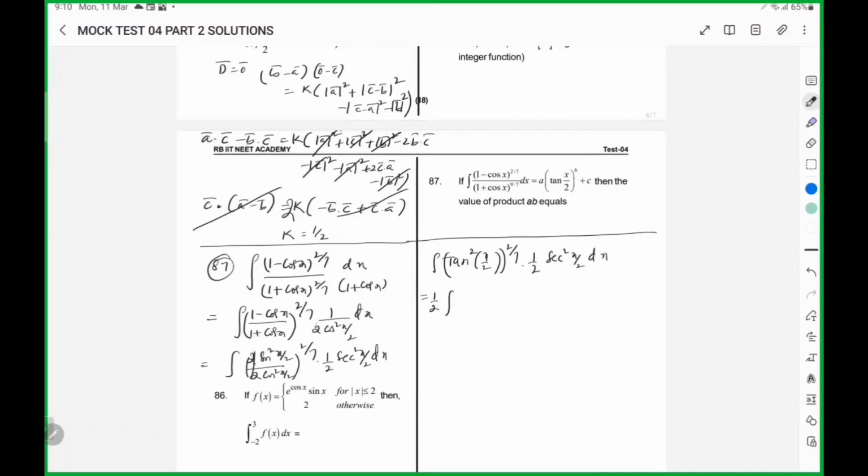Half into tan power 4 by 7 of x by 2. Take tan x by 2 as t.